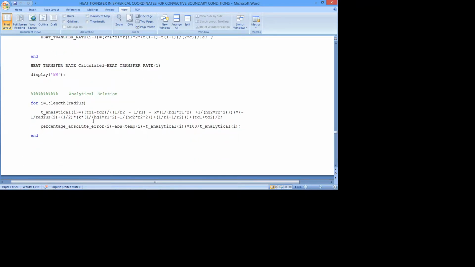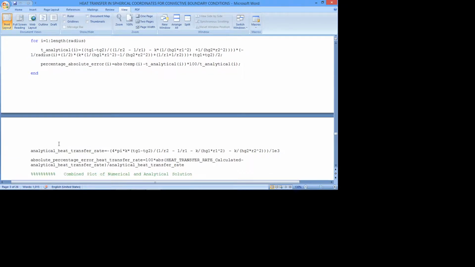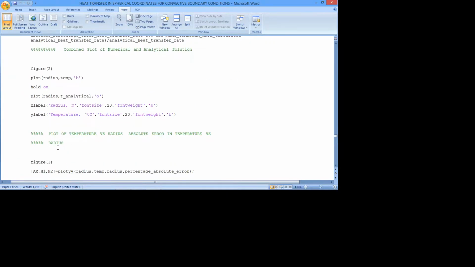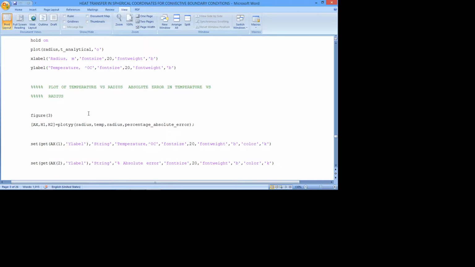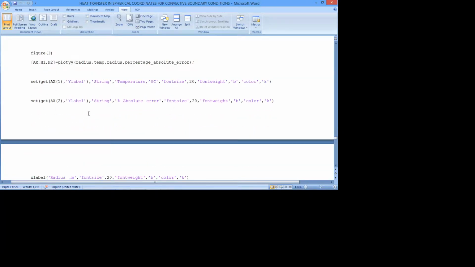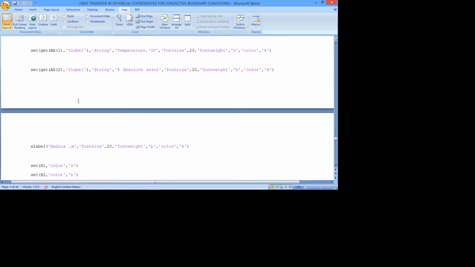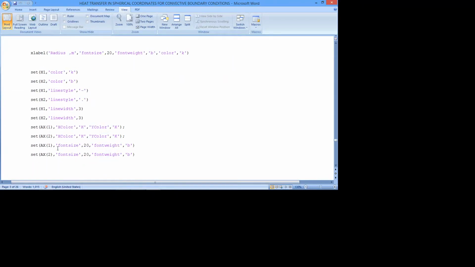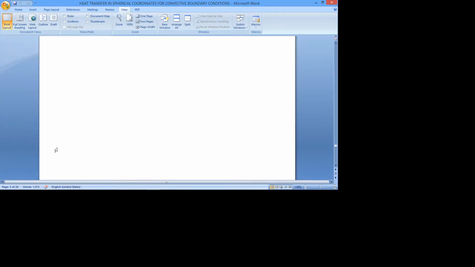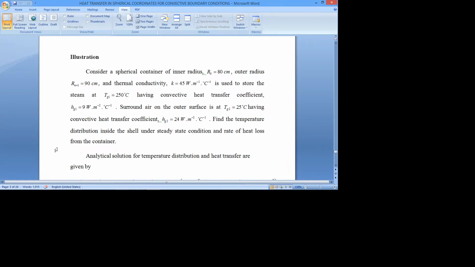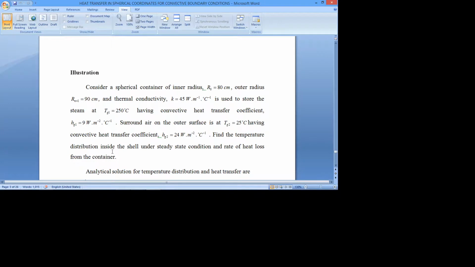Then here the analytical temperature, analytical heat transfer rate, then error, and finally all those are plotted in the same graph in order to compare them better. And these are the various commands to give x labels, y labels, and line width.